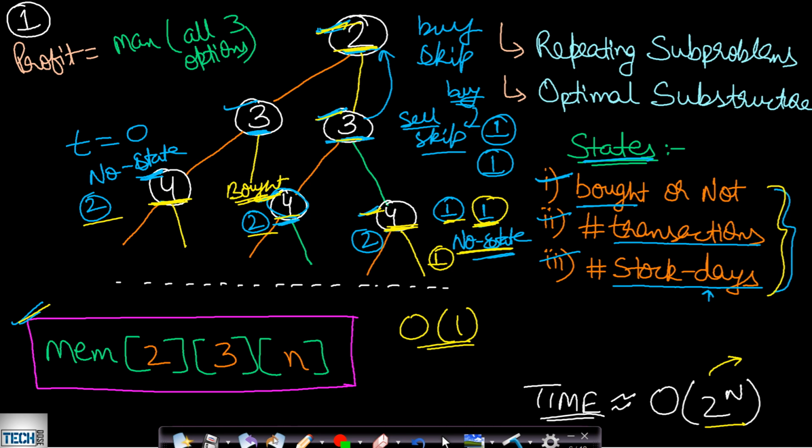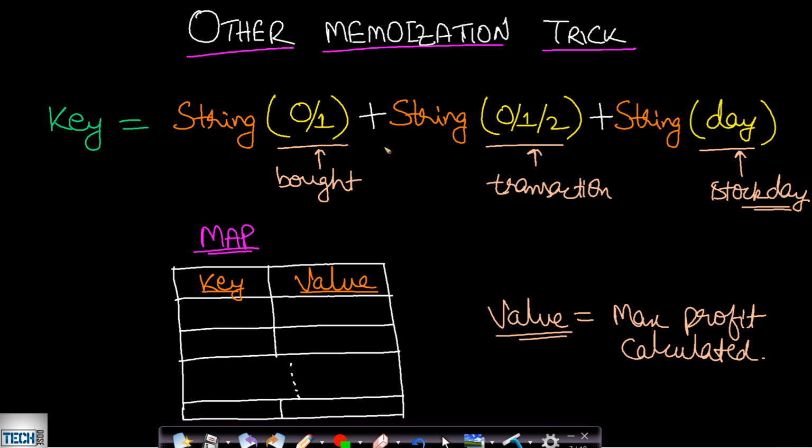Okay, now there are some other techniques in order to apply memoization. Let's say there was some space constraint as well. In space constraint cases, we can avoid the multidimensional array, and instead of that we can combine these states and form a single string. So in this case the states were bought, transaction and stock day.